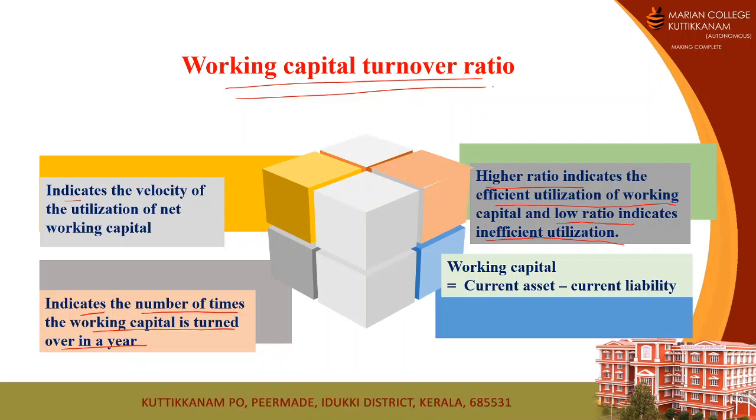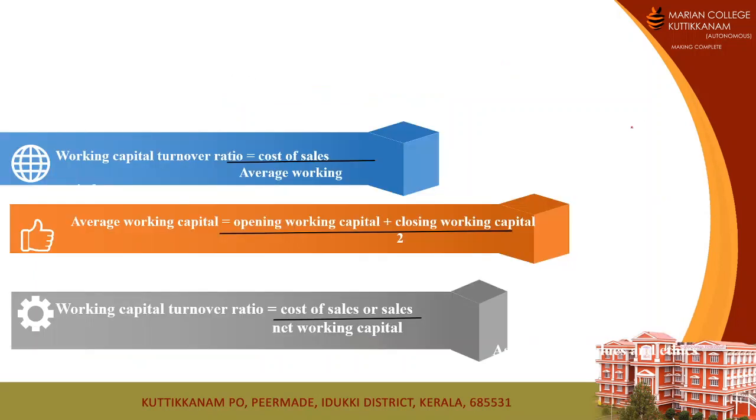And how can we calculate this working capital? Working capital means the capital that is required to meet the day-to-day activities or day-to-day operations of a company. So the excess of current asset over current liability will give the figure of working capital. So current asset minus current liability, you will get the figure of working capital.